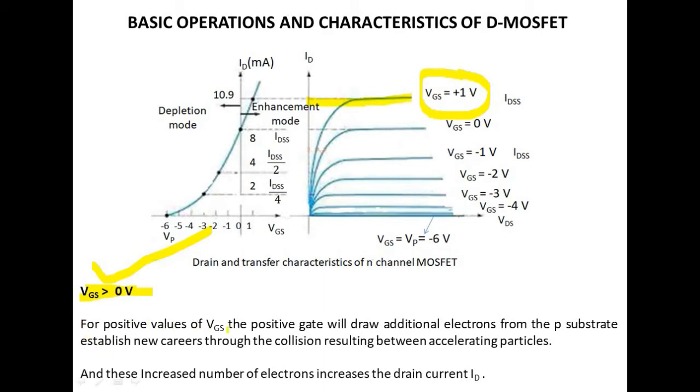For positive values of VGS, the positive gate will draw additional electrons from the P substrate, establishing new carriers through the collision resulting between accelerating particles, and this increased number of electrons increases the drain current ID. It is clear from this figure.